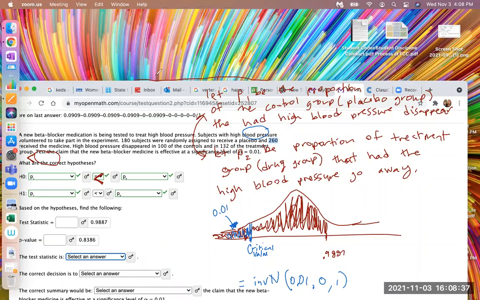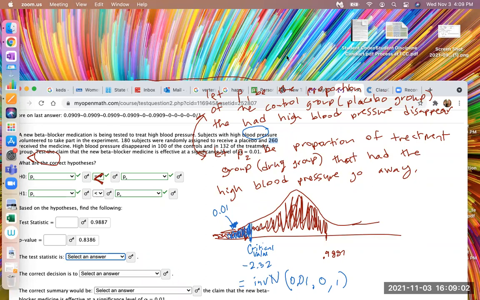The critical value is -2.32, and it's literally saying you have 2.32 standard deviations below the mean. When you have that value along the x-axis, then the area under the normal distribution to the left will be 0.01. And my picture is probably not to scale.